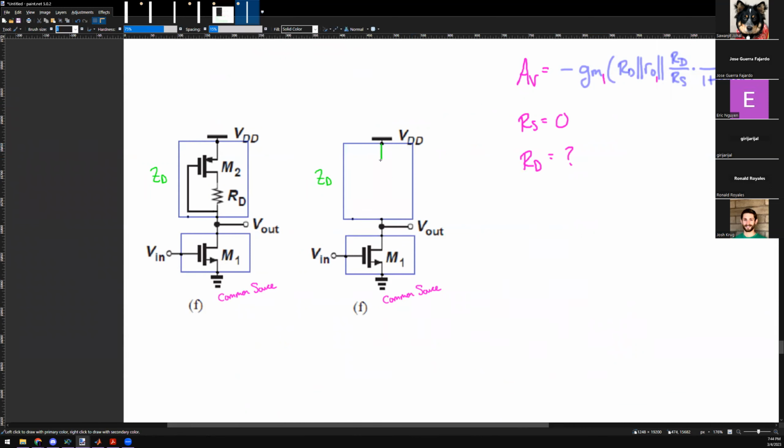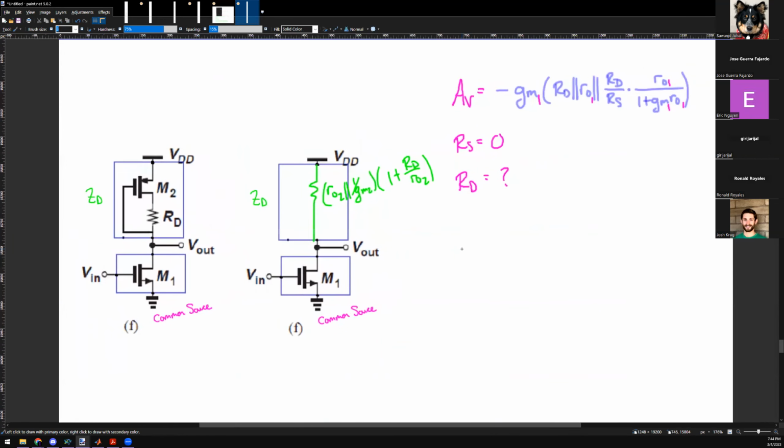And I'll just say that it's a resistor with R naught 2 in parallel with 1 over GM2, multiplied by this extra scaling factor, RD over R naught 2. Is this okay? Yep. And so that's what RD is equal to: R naught 2 parallel 1 over GM2 times this bonus factor, 1 plus RD over R naught 2.